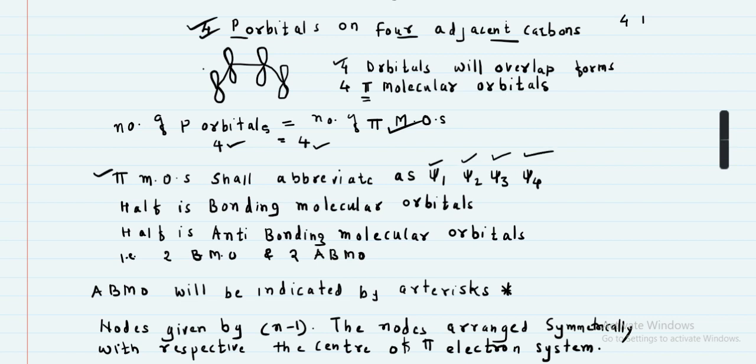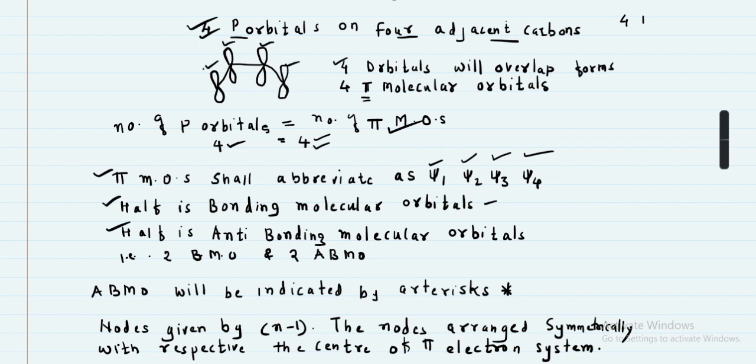As we discussed, half are bonding molecular orbitals and half are anti-bonding molecular orbitals. In this case 4 molecular orbitals are possible, because there are 4 p orbitals.